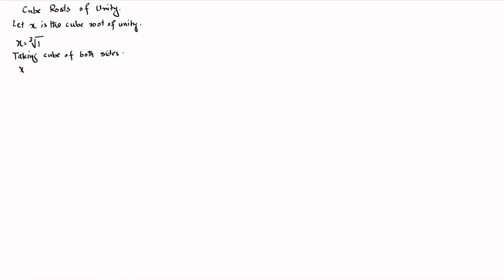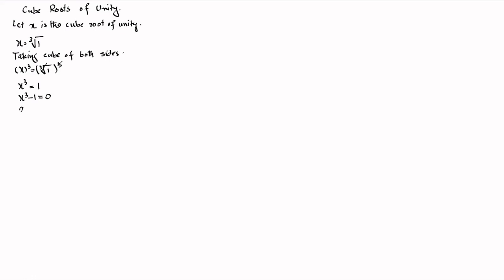So we have x cube is equal to cube root of unity whole cube. This cube cancels out with the cube root and we have x cube is equal to 1. Moving 1 to the left hand side, we have x cube minus 1 is equal to 0.